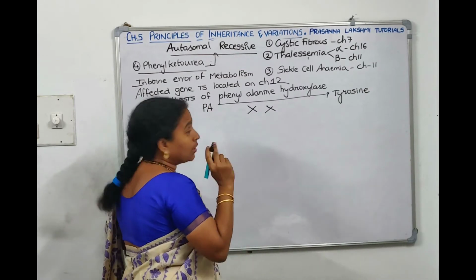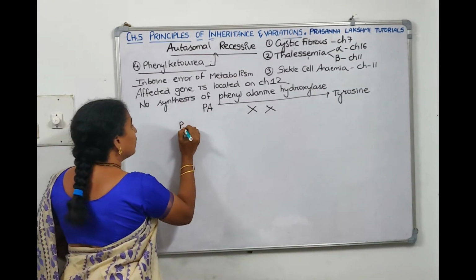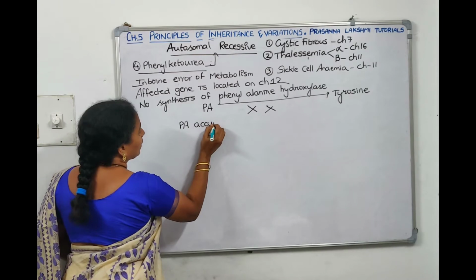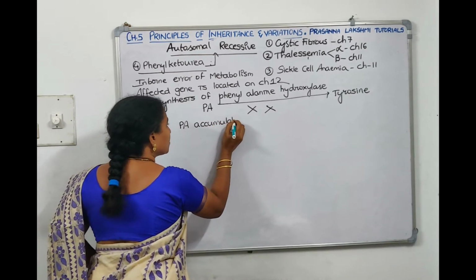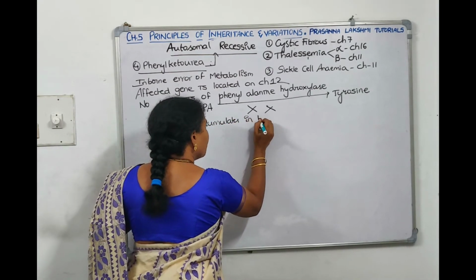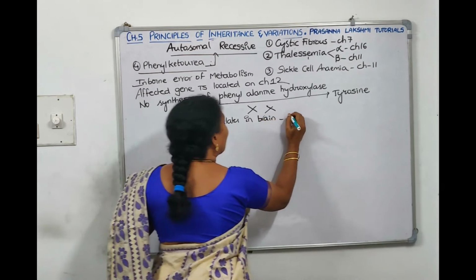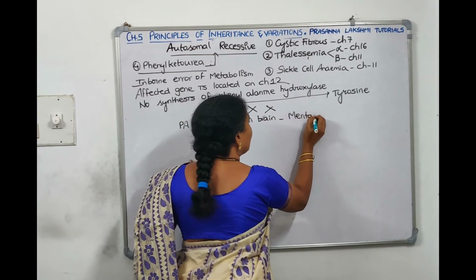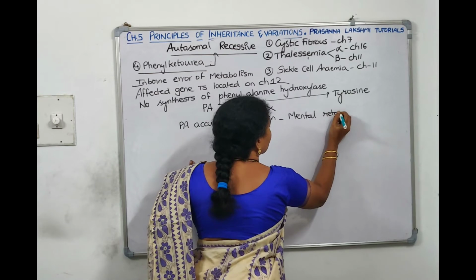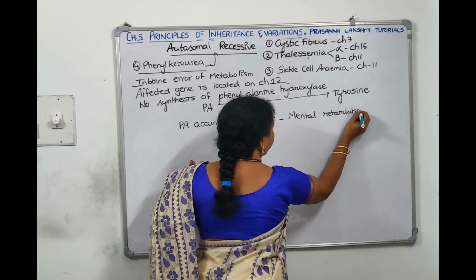If phenylalanine is not converted to tyrosine, then phenylalanine accumulates in the brain and it causes mental retardation.